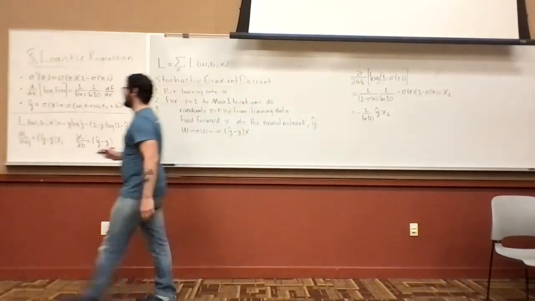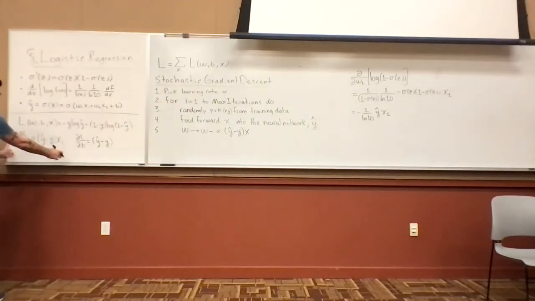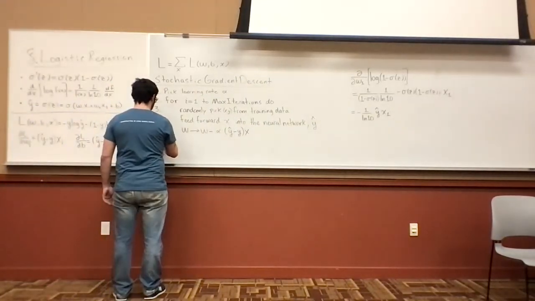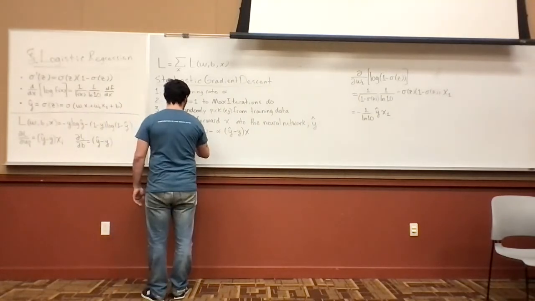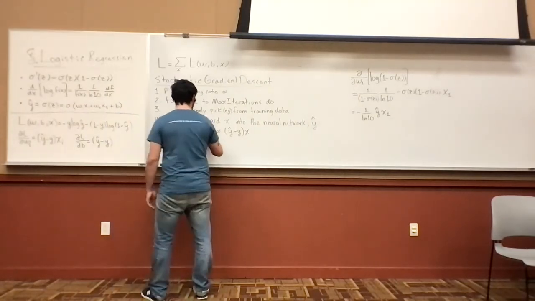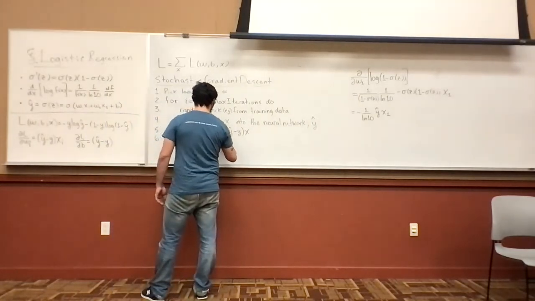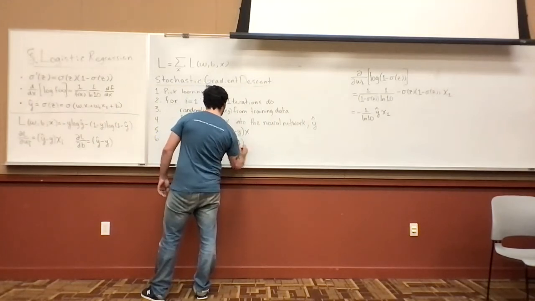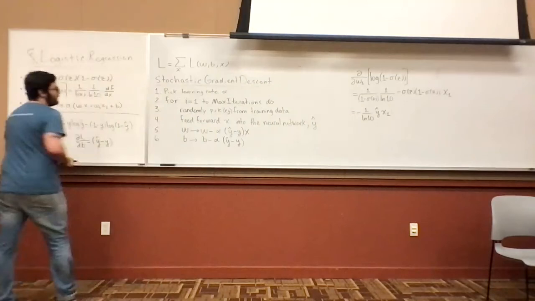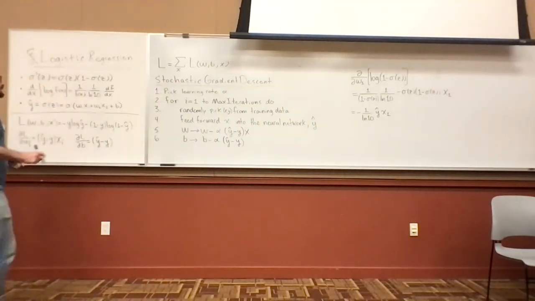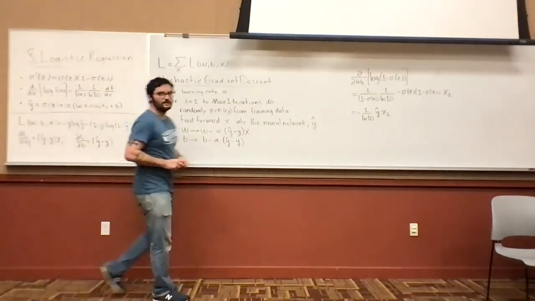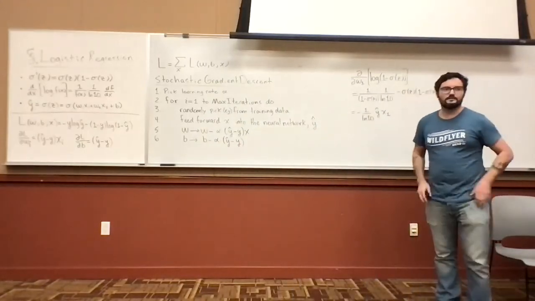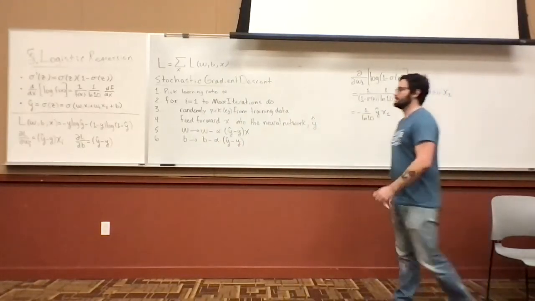You just stack your partials in a vector. And then do the same thing for your bias. Like so. And then after you've done that, your weights and biases have been updated. Okay.